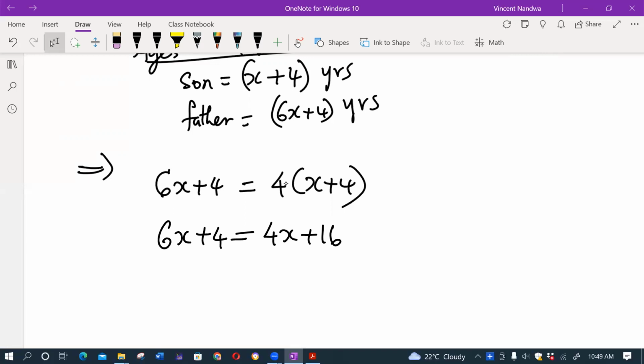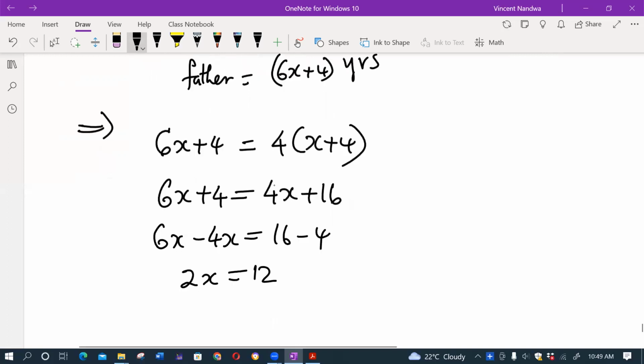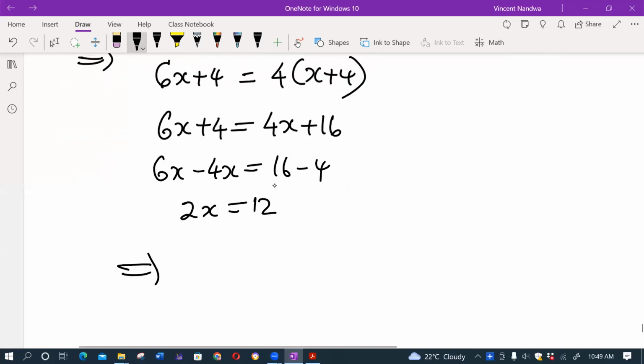Collect like terms. 6x minus 4x equals 16 minus 4. So 2x equals 12. So we get x to be 12 over 2, which is 6 years.